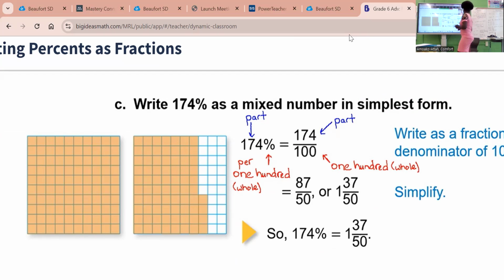But before I leave, your exit ticket is one, let me write on the board so you guys can see.